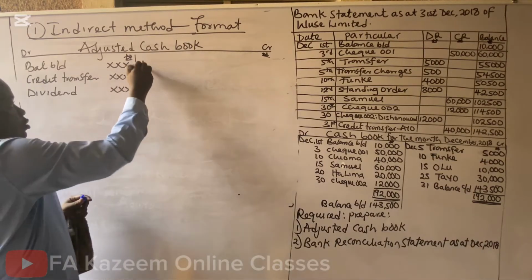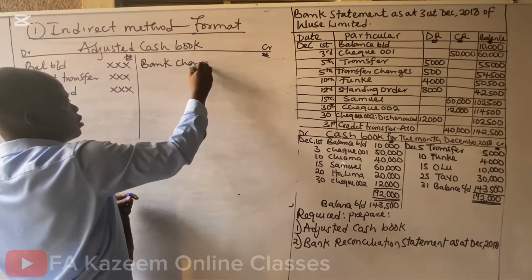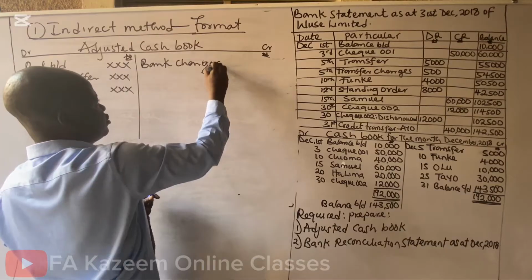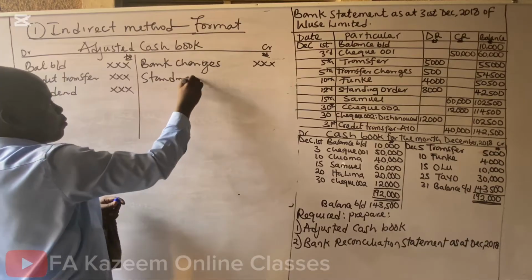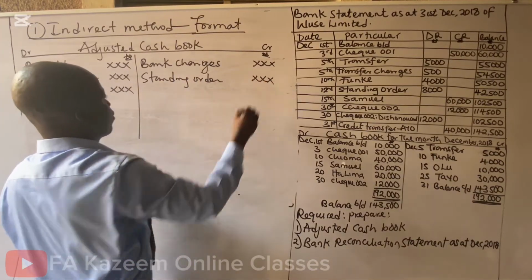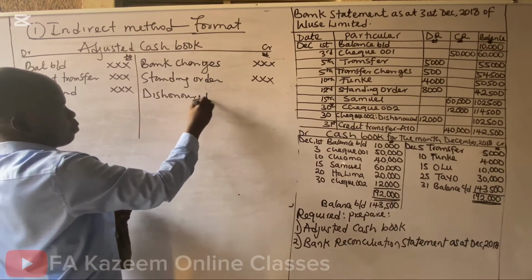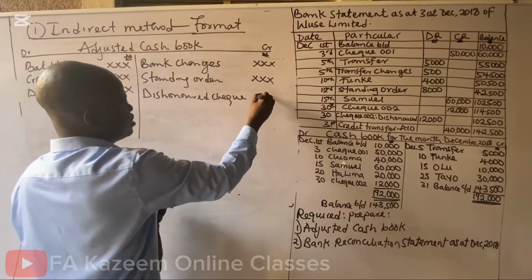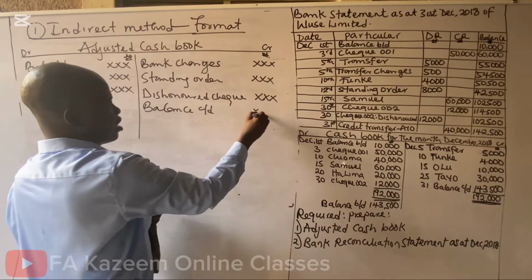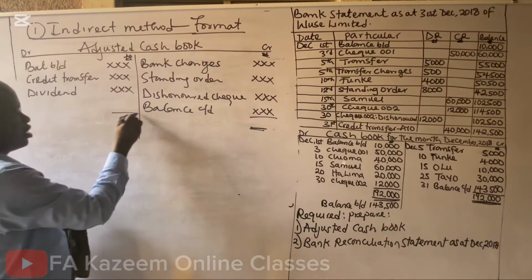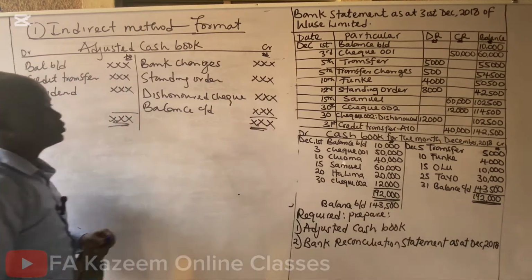On the credit side, we have bank charges, standing order, and dishonored check. After this, we'll balance to arrive at what we call balance carried down. This is the balance after the adjustment. We'll close the adjusted cash book.